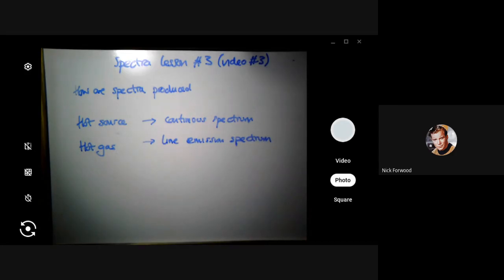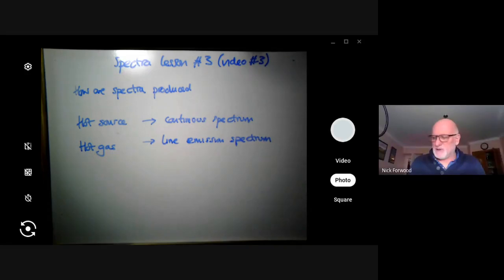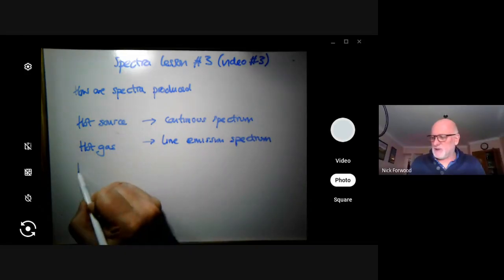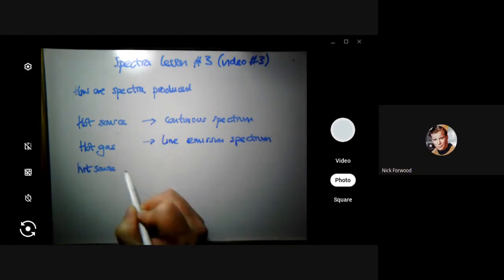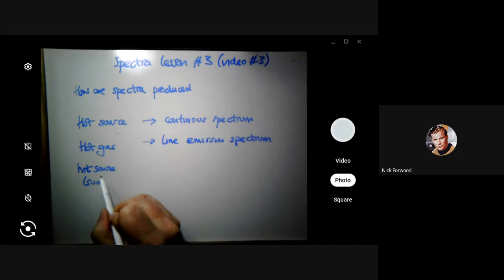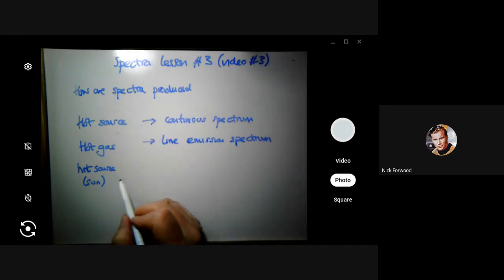One I want to look at in a little bit more detail is what happens if you get a hot source like the sun, like sunlight, and the SQA specifically talk about the sun as a hot source, and then you view the continuous spectrum after the light from the hot source, the sun, has passed through a cold gas.